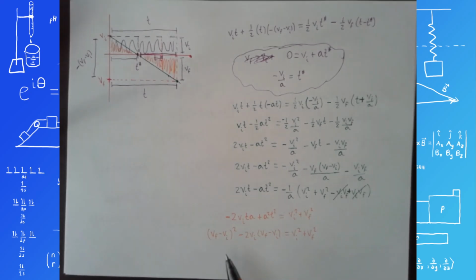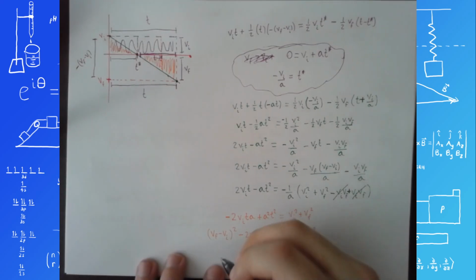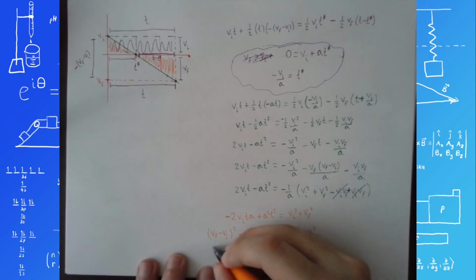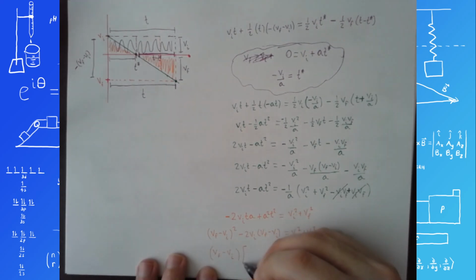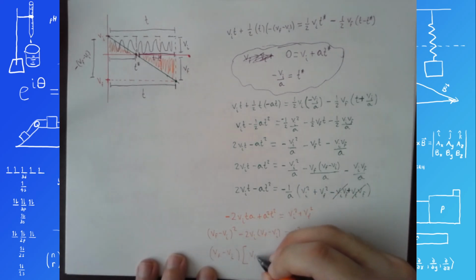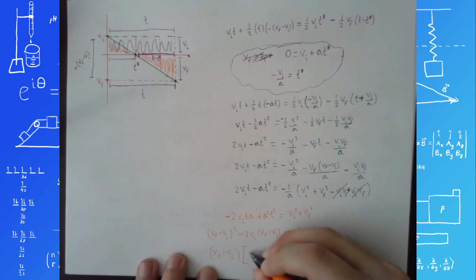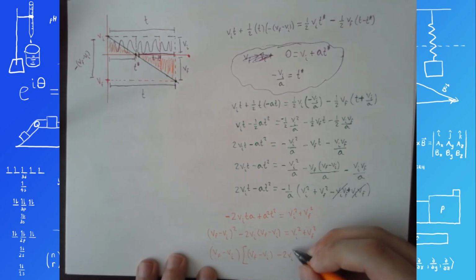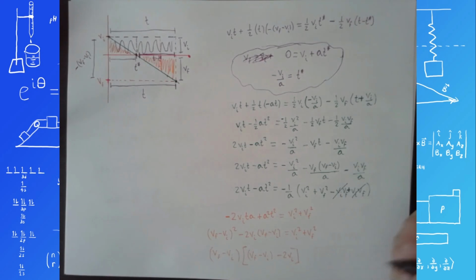If I factor out a v final minus v initial, then I would get, well, a v final minus v initial minus 2v initial. Does that help in any way? Oh, I think it does. I think I'm seeing where this is going. So I would get v final minus v initial times v final minus v initial minus 2 v initial.